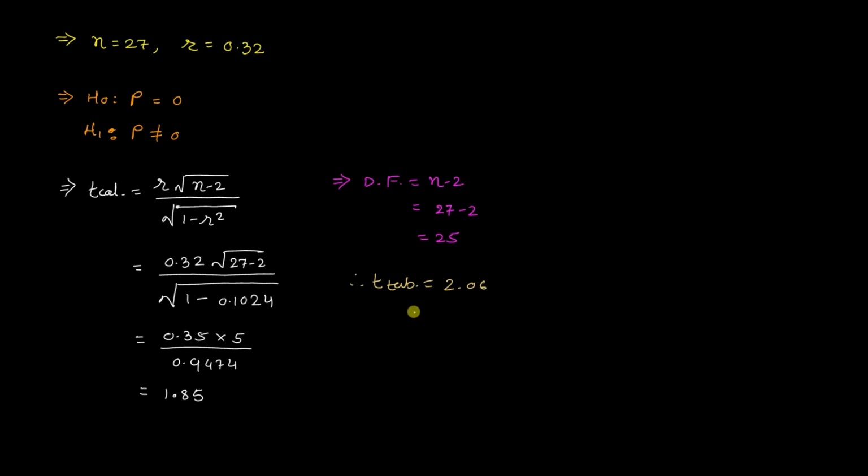Therefore here we can say that t calculated value is less than t table value. Therefore H0 may be accepted. Therefore we can say that population correlation is equal to 0.